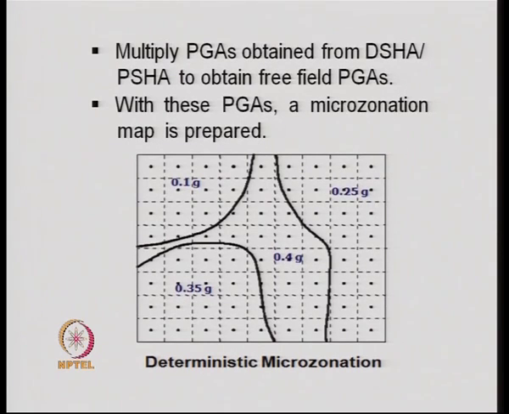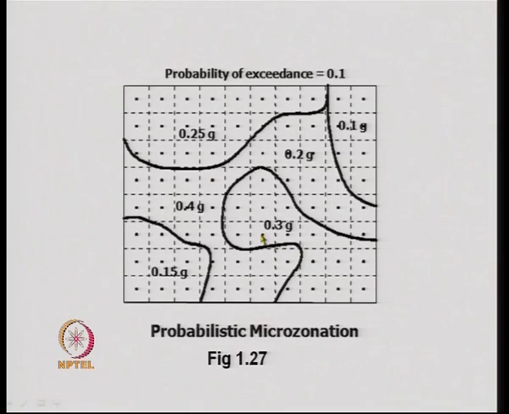A deterministic microzonation map for peak ground acceleration is shown over here in this figure. You can see that this particular region is controlled by this PGA, this region is controlled by this PGA, and so on. Therefore, if we have to construct a building, then the building should be designed with a PGA of 0.4 G. This one shows the probabilistic microzonation.